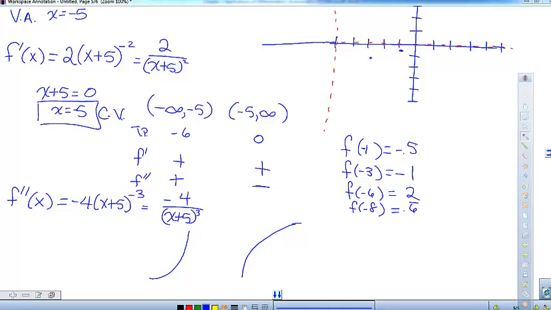Now I've got 2 points. They're not going to look like a straight line. This one is slightly below this one. And here's an asymptote. So the function is going to do something like this.